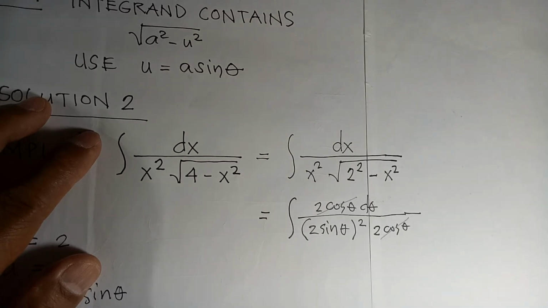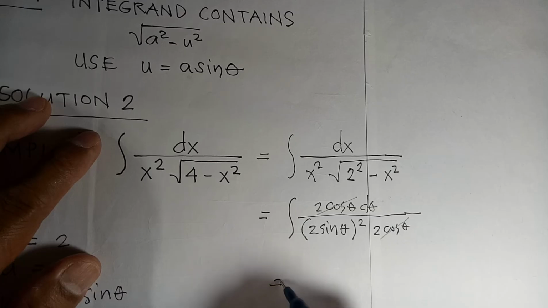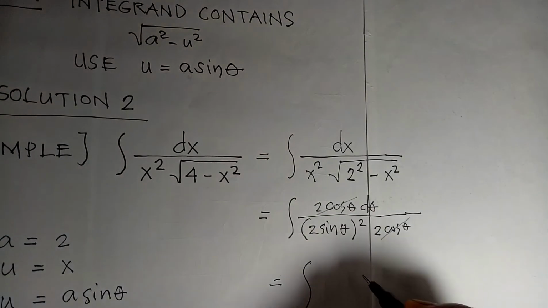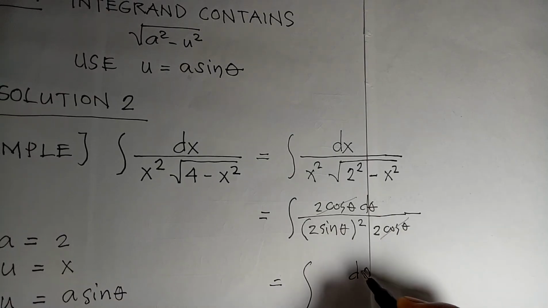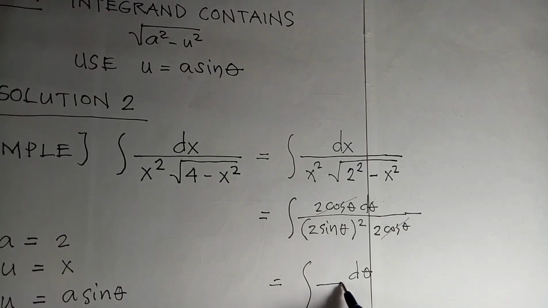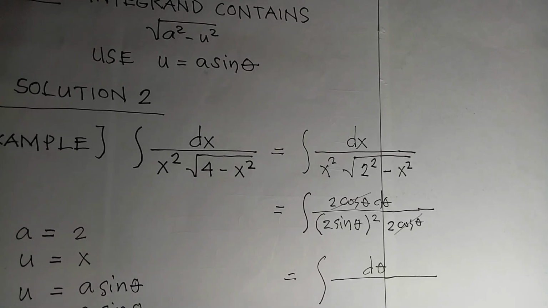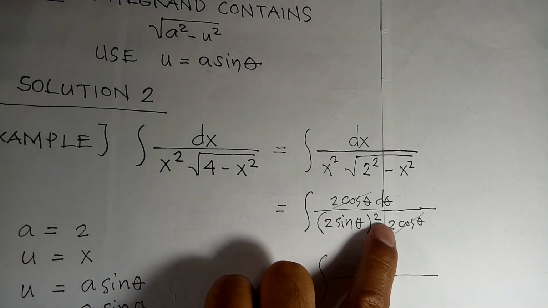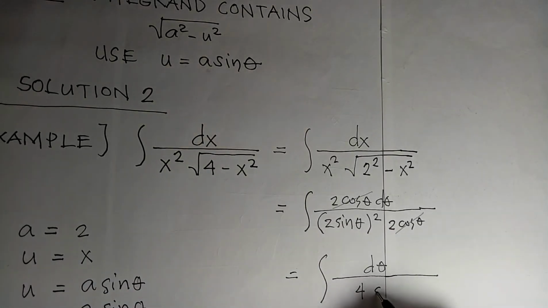Okay? So, wala na ang 2 cosine theta. So, ang natira ay integral of, so natira sa numerator, d theta, tapos divided by, so 2 squared ay 4, tapos sine squared of theta.